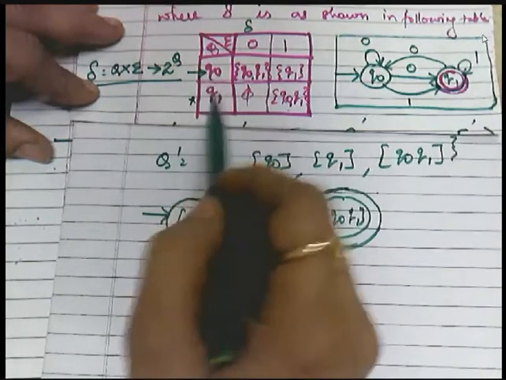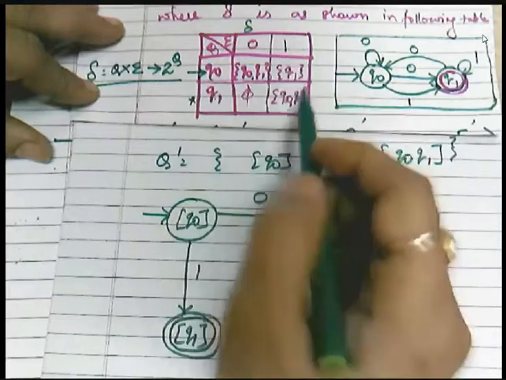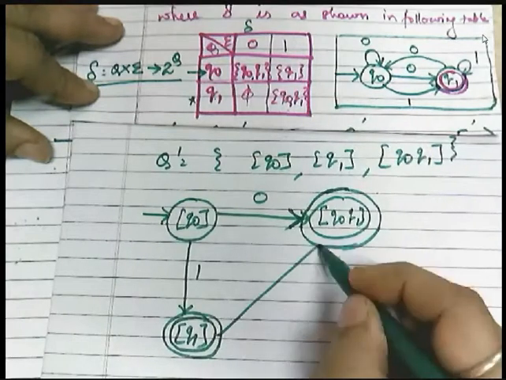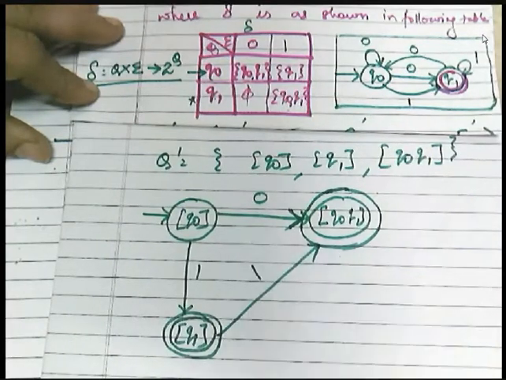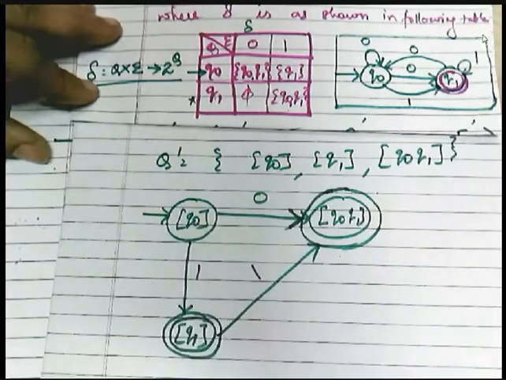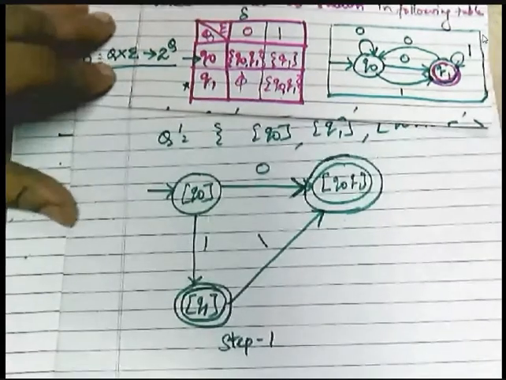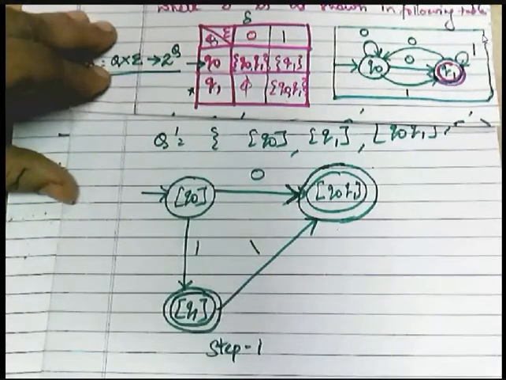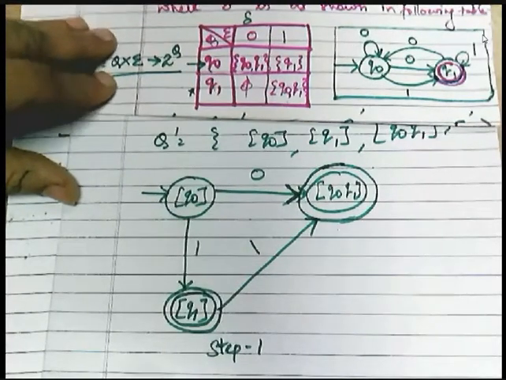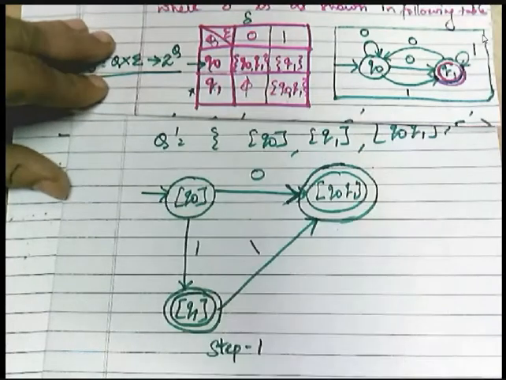Next, Q1 on 0 goes nowhere, Q1 on 1 goes to a state that is already there. So this much is your first step, step 1. Even if you draw only this much, you will get half marks. If it is a 4 marks question, you can get 2 marks for it. So this needs to be represented.